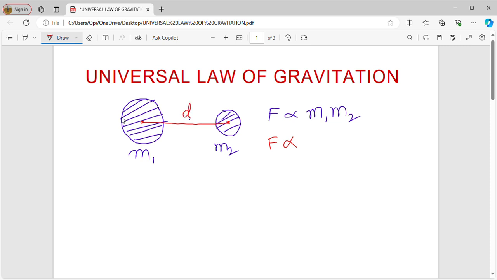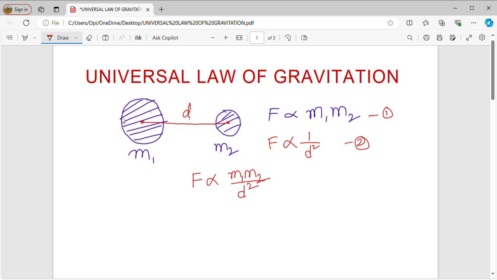So according to the second statement, the force is inversely proportional to the square of the distance between them. Combining equation 1 and equation 2, we can write it as F is proportional to m1 m2 upon d square.